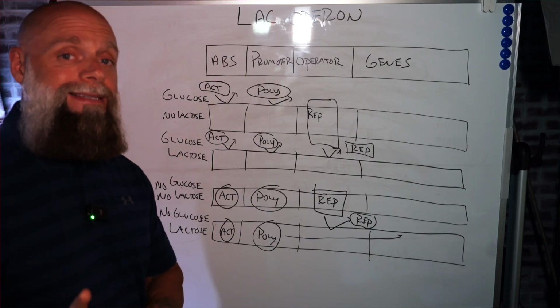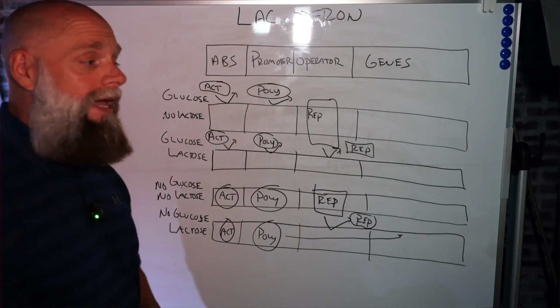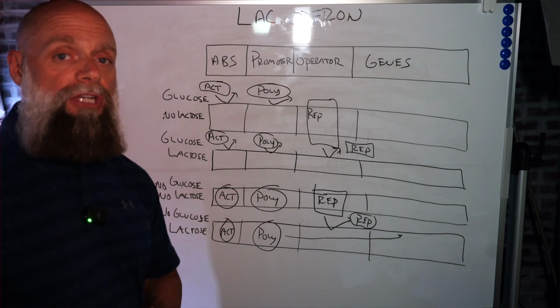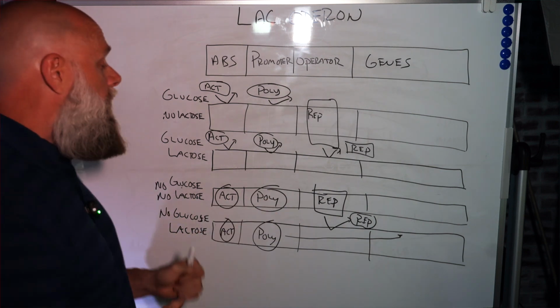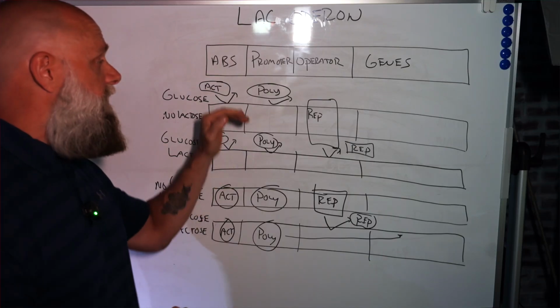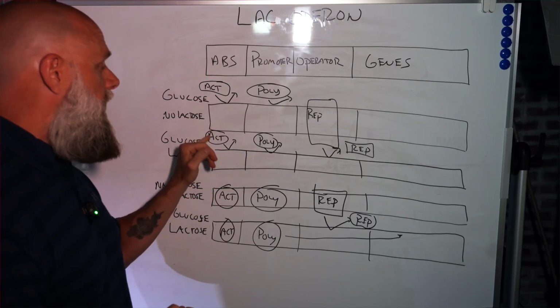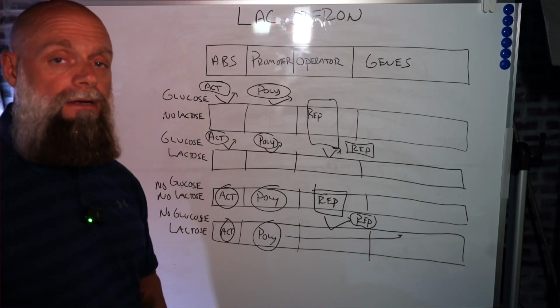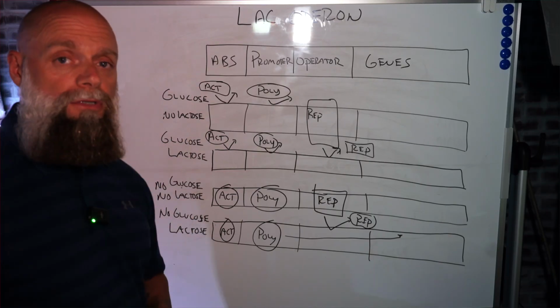But again, let's pay attention to what has changed in the environment relative to what has changed in our control region. This is the first time where glucose is missing. In the previous 2 examples, glucose present, activator is unbound. But now, no glucose. And look what's happened.